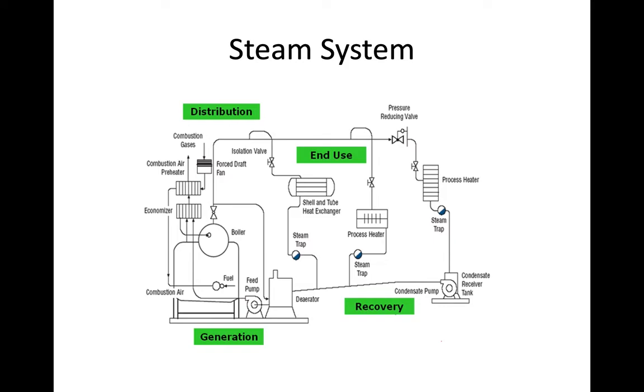The second one is the distribution system, where the steam is distributed to the end user through the steam piping system. When we talk about steam piping, we do not talk only about the piping itself, but also the insulation system.